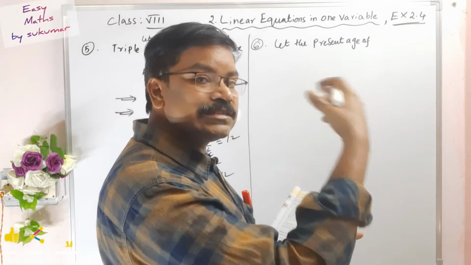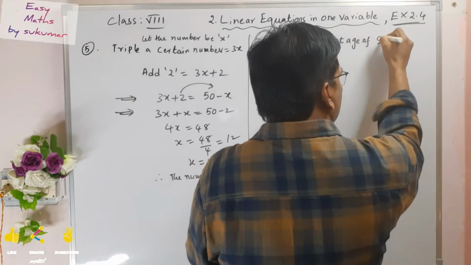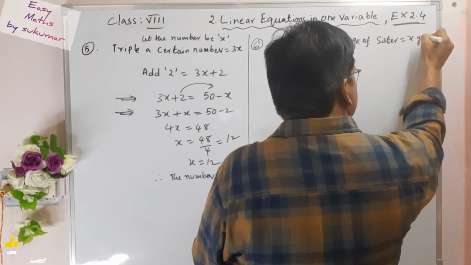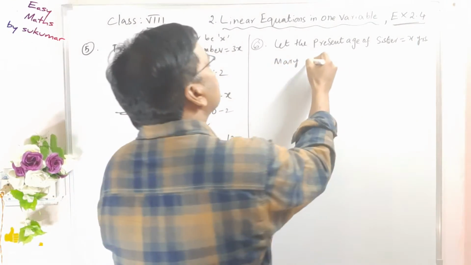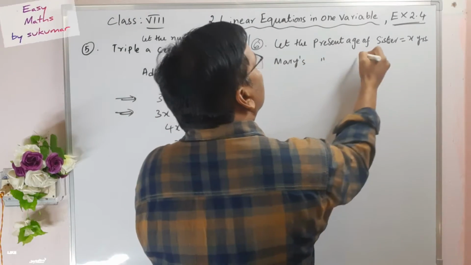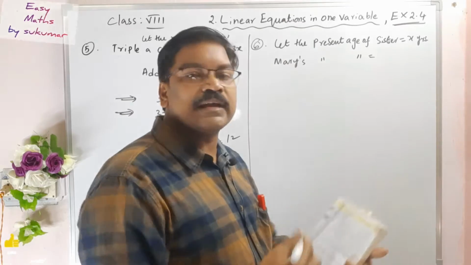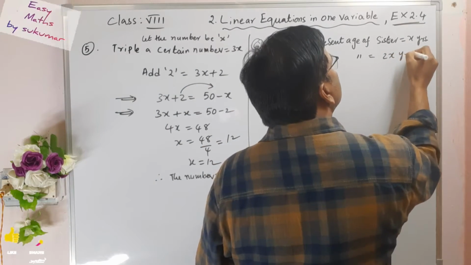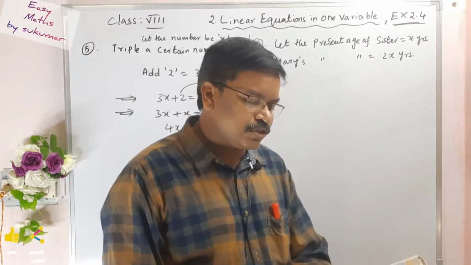So let the present age of sister be x years. What about Mary's age? Mary's present age is twice that of her sister, that means 2 into x, 2x years.